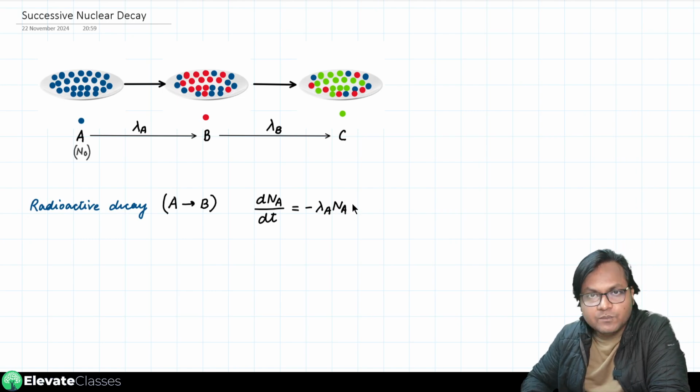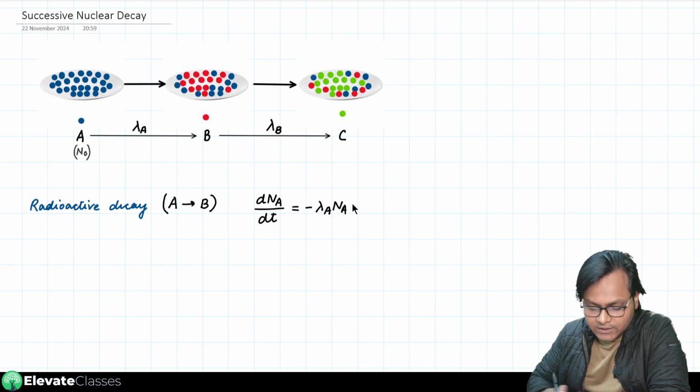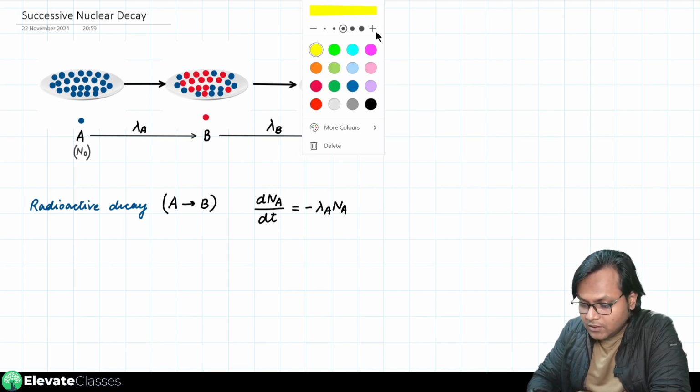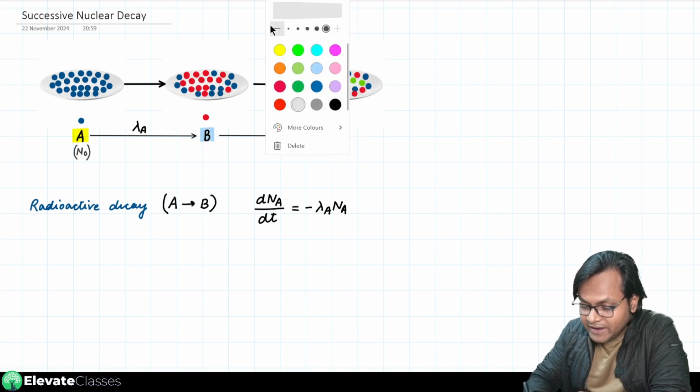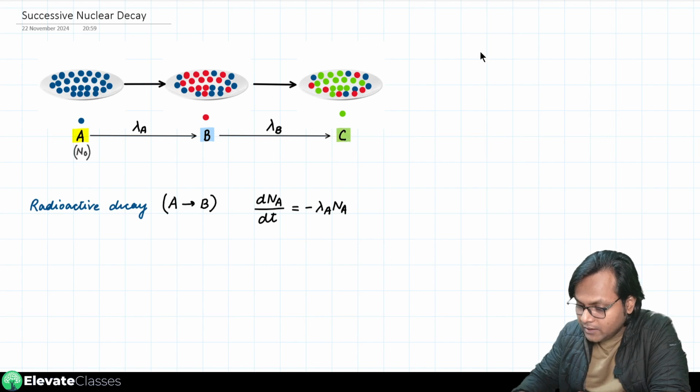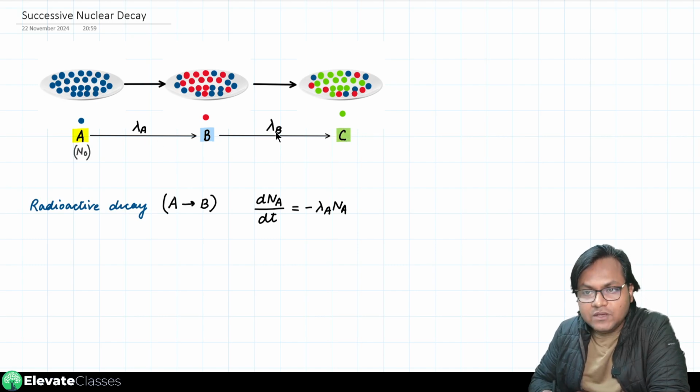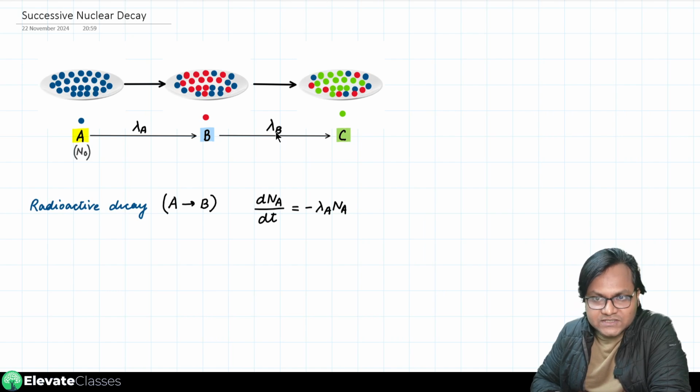I think most of the symbols here are kind of obvious: we have these radioactive nuclei A, we have this radioactive nuclei B, and we have the final stable nuclei C. Lambda A and lambda B are the decay constants from A to B and B to C respectively.